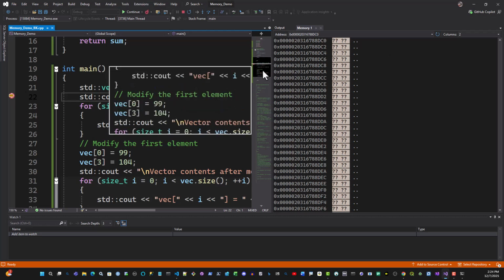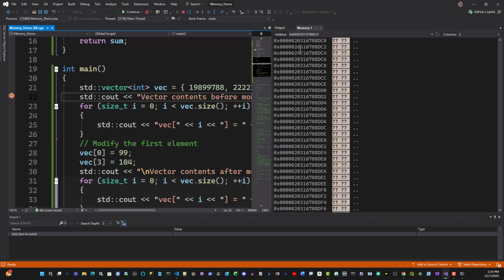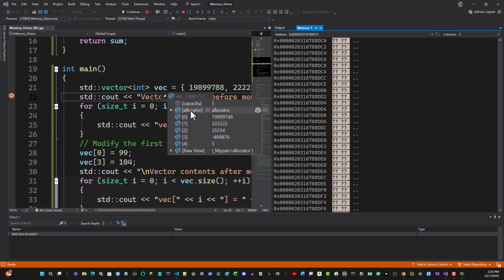Now this is just so you can move up and down the code. Now notice here, it has an address, and you might recall that we talked about hexadecimal leading with a 0x and then some bunch of stuff. Now, in order for me to figure out where I can find this stuff, I can hover over vec here. And when I click this and go to allocator, you're getting some stuff here.